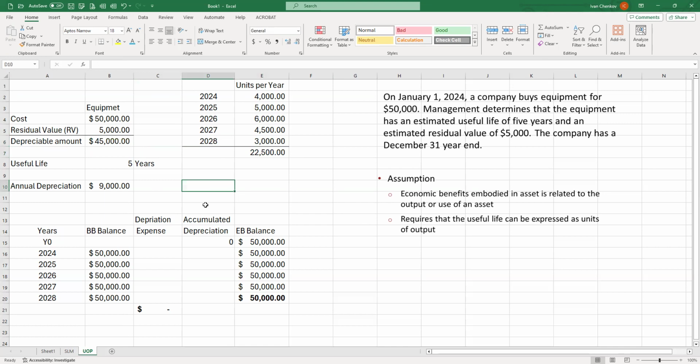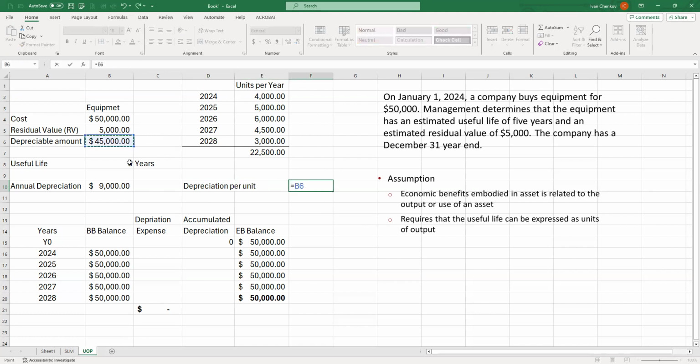So our annual depreciation per unit will be equal to the depreciable amount divided by the number of the units that we're going to produce over the life of the machine. Or every time we produce a unit, we have to transfer as a depreciation expense $2.